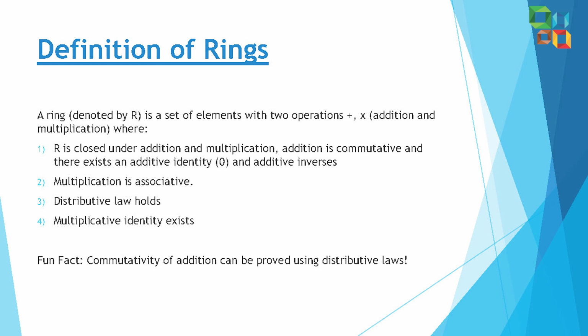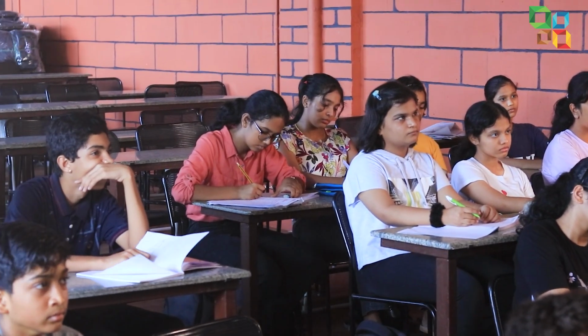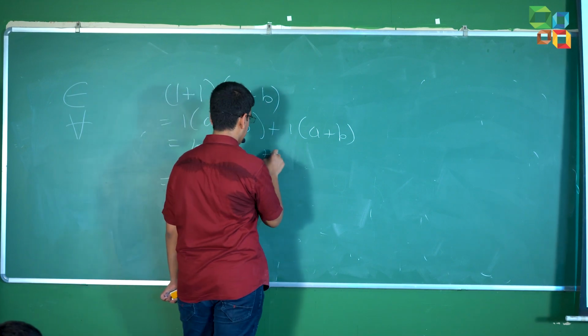and remember, in this entire session, we'll have only these things to work with, except for some proofs. So now, consider 1 plus 1 into A plus B. We can distribute this in two different ways. 1 into A plus B plus 1 into A plus B. You get 1A plus 1B plus 1A plus 1B.